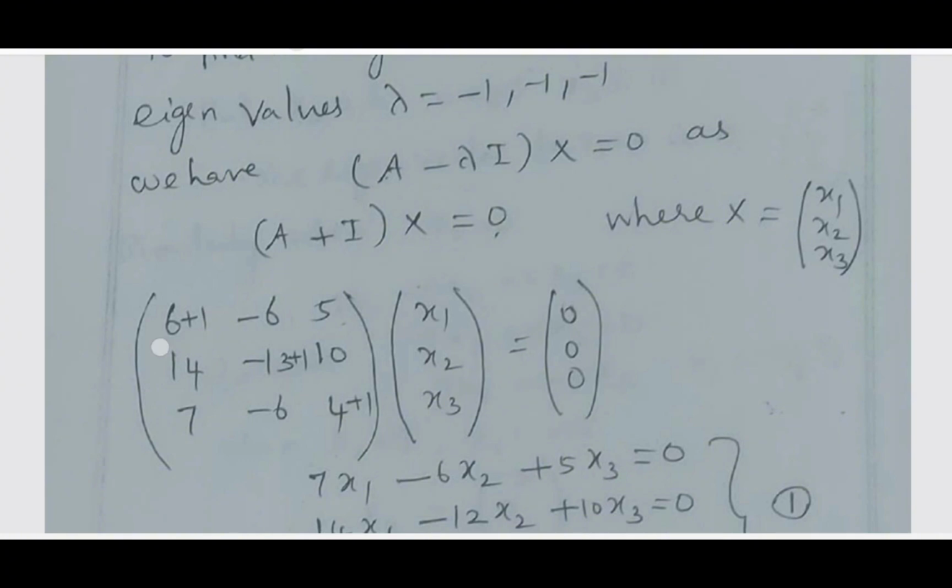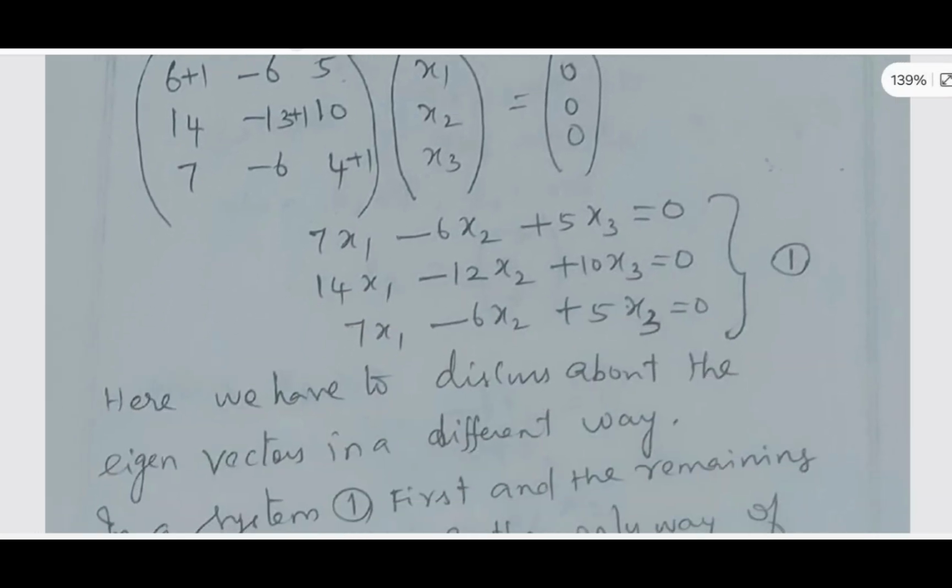Now you see it is 6 plus 1, minus 6, 5; 14 minus 13 plus 1, 10; 7, minus 6, 4 plus 1, into x1, x2, x3 equal to 0. So your equations are 7x1 minus 6x2 plus 5x3 equal to 0, 14x1 minus 12x2 plus 10x3 equal to 0, and 7x1 minus 6x2 plus 5x3 equal to 0.